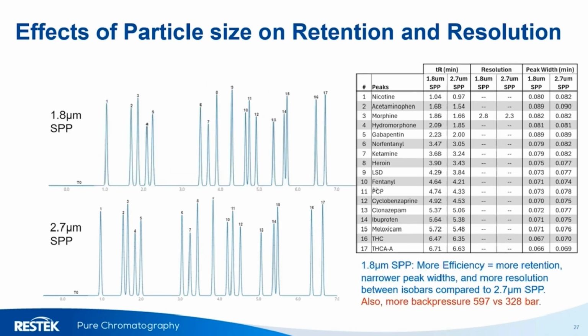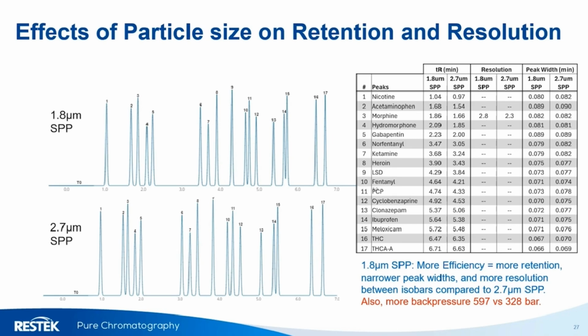Now going the other way to a smaller particle, a sub 2 micron UHPLC size 1.8 micron particle, everything else being the same: column dimension, same Raptor biphenyl superficially porous particle, just going down to a smaller particle size. We can see that the 1.8 micron particles provide more efficiency, therefore more retention and narrower peak widths, and more overall resolution between isobars as compared to the 2.7 micron particle.